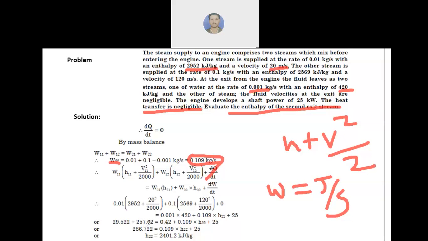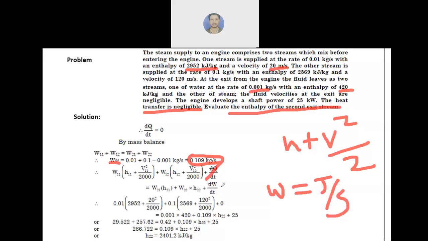That's why we have converted everything into per second. You multiply with this, which is nothing but kg per second. That's why we have multiplied this with this. So depending on the given data, you have to see that the units of all the things are equal. Then only can you equate and get this equation. While solving a numerical in a hurry, people tend to forget this.